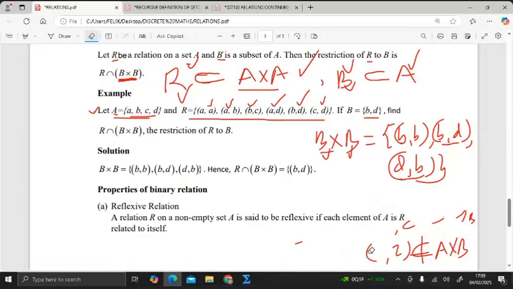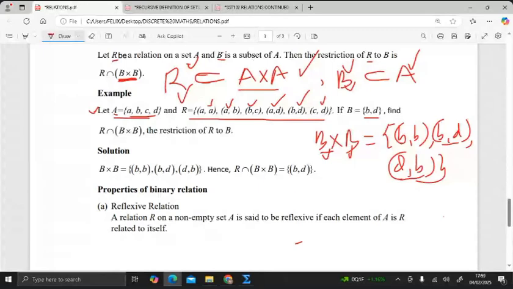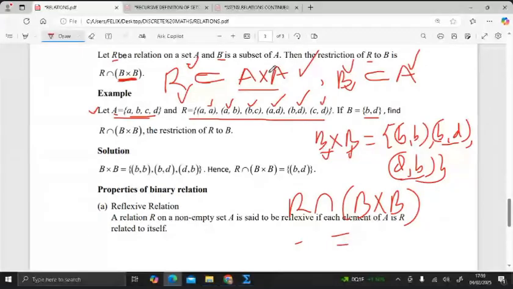You can have that flexibility for BD and DB, because here we have the Cartesian product of B and B, and D is also in B, and B is also in that. But in this case, 2 is strictly in A, and C is strictly in B. These are two different sets. C cannot be in A, and 2 cannot be in B. Right?